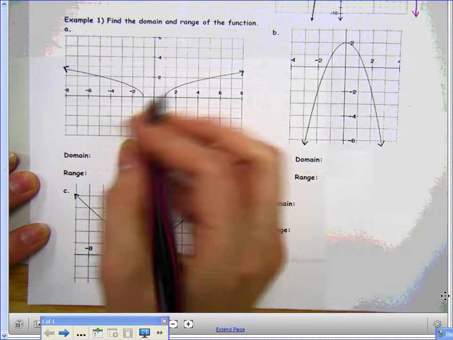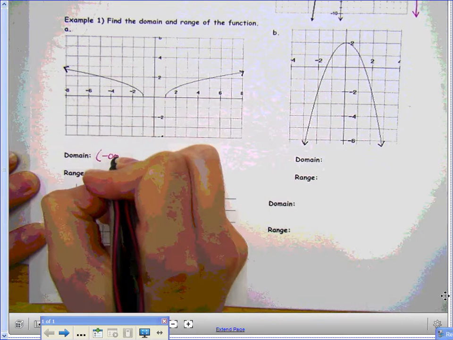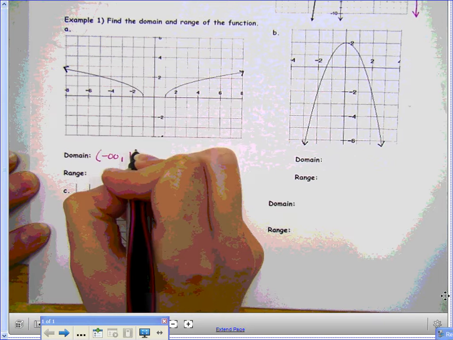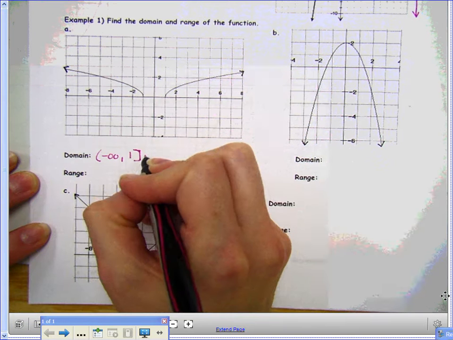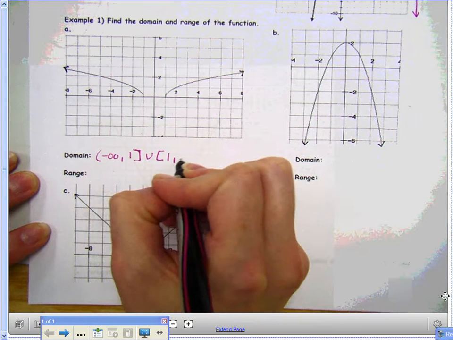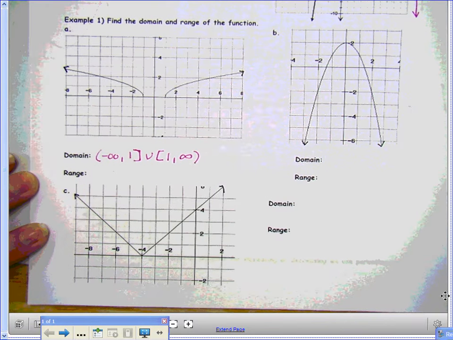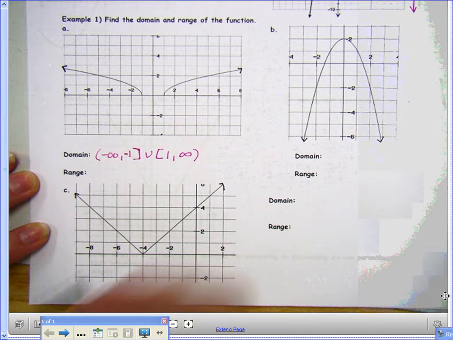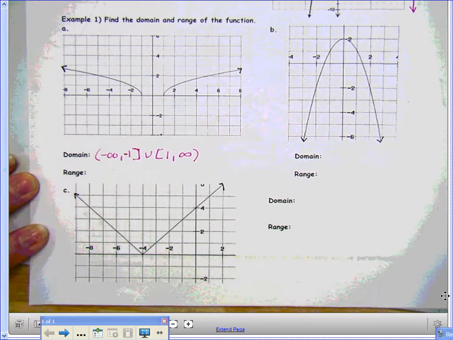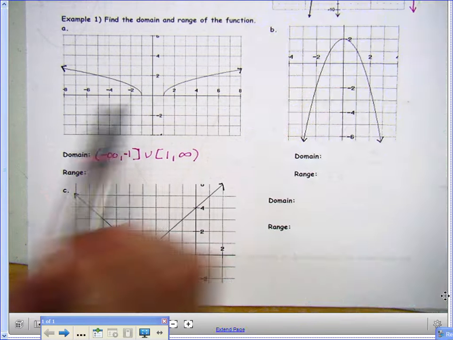So I know my domain is going to be negative infinity, comma, negative 1, bracket, union, bracket, 1 to infinity, because there's no open circle there. Oh, yeah, you're right, negative 1, thank you. Because we have a gap in between those points.